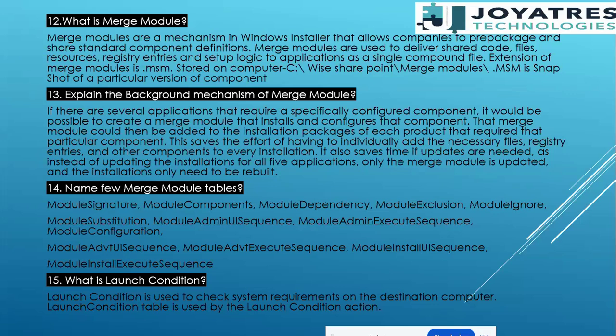There is a file which is .msm, like we create .mst and .msp. The same way you are going to create a .msm, and that .msm you are going to share with all 5 applications. So you do not have to package it. If an update comes, you update it and it is going to work.